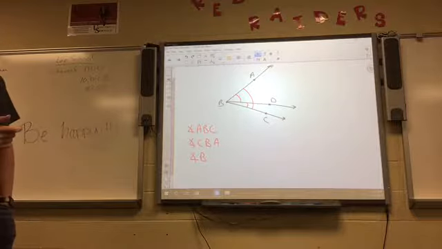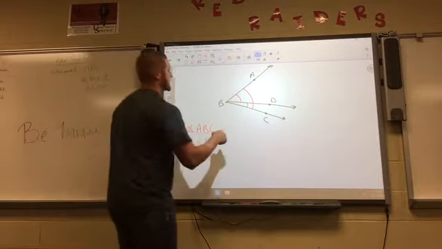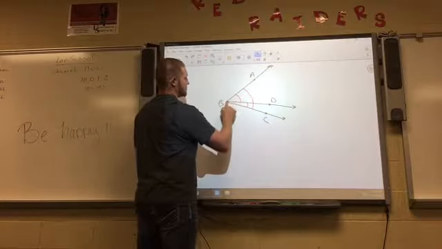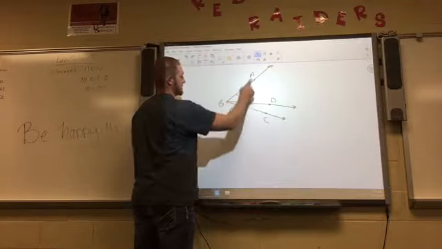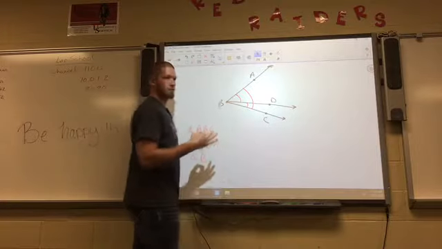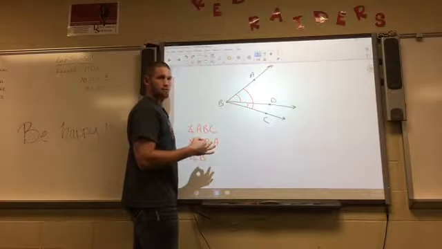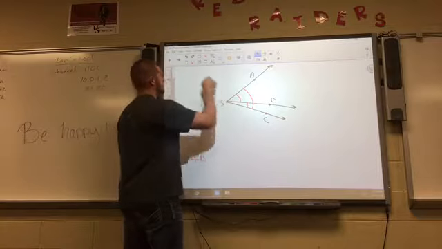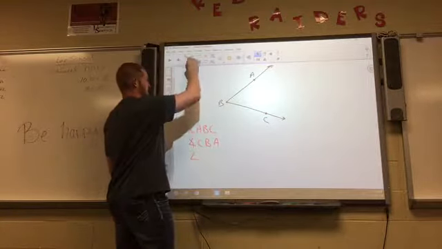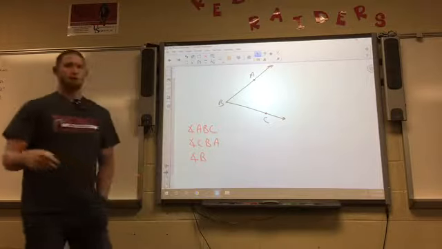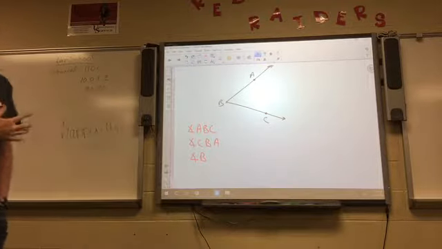Does that make sense? So, in this case, I would have to use ABD, DBC, and ABC. I'd have to use three letters for each one. So if there's more than one angle at any given vertex, you cannot name it with one letter. As long as there's only one angle, you're good though.